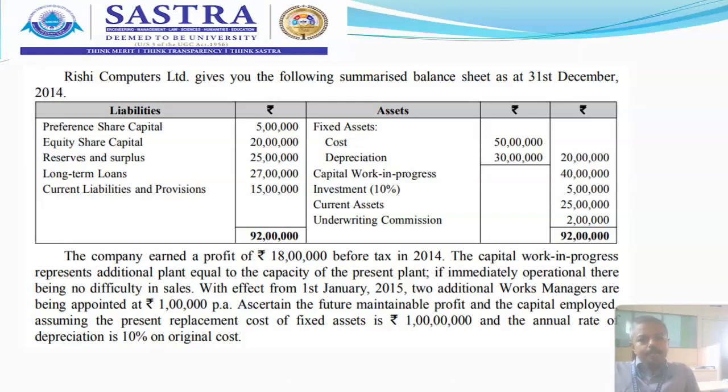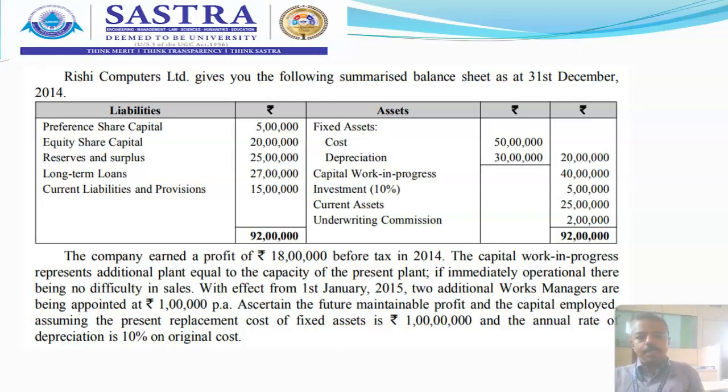If you take the liabilities, the preferred share capital is rupees 5 lakhs. Equity share capital, rupees 20 lakhs. Reserves and surplus, rupees 25 lakhs. Long-term loans, rupees 27 lakhs. Current liabilities and provisions, rupees 15 lakhs.